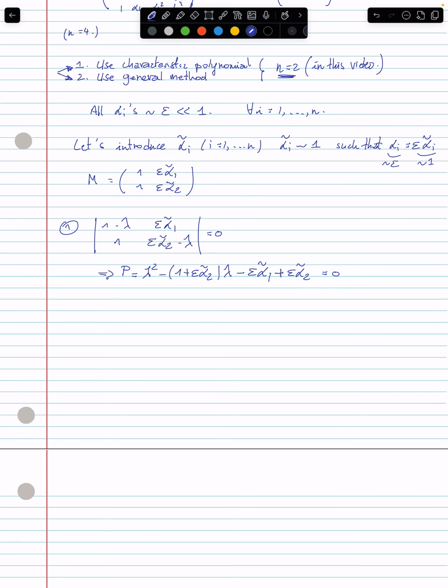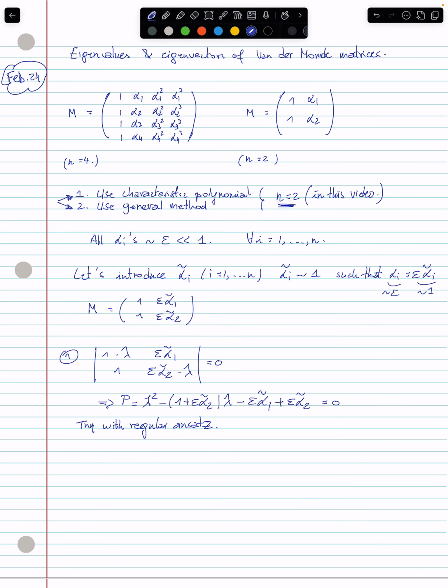Let's try with a regular ansatz. And if it doesn't work, we'll try something more refined.